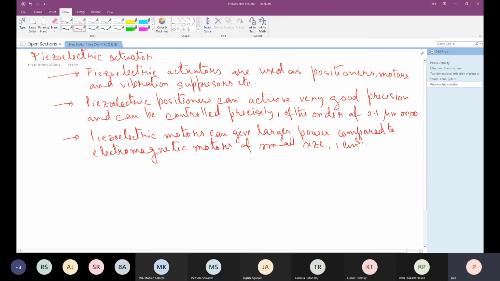When the size becomes small, the efficiency of the electromagnetic motors reduces. In the case of piezoelectric motor, that is not so, because piezoelectric actuator efficiency does not depend on the size, it depends on the voltage.